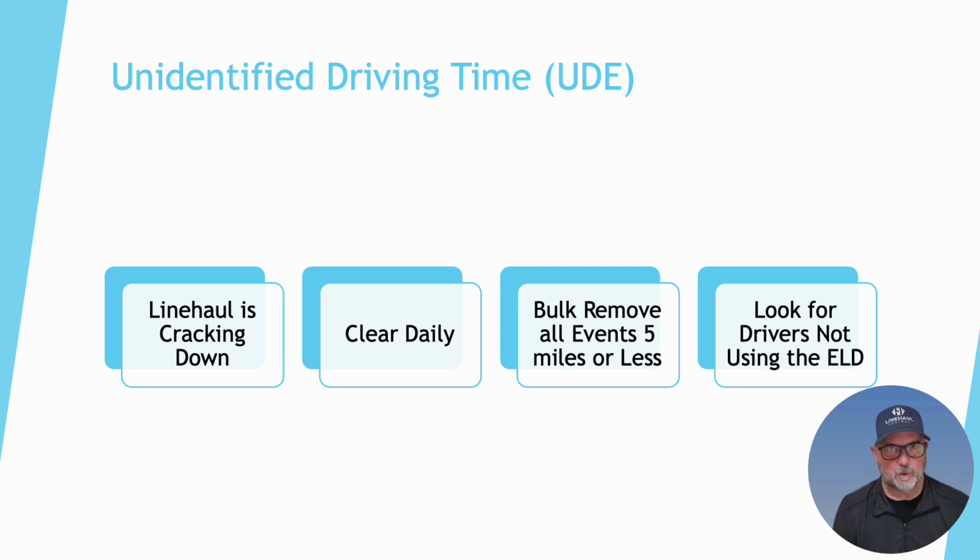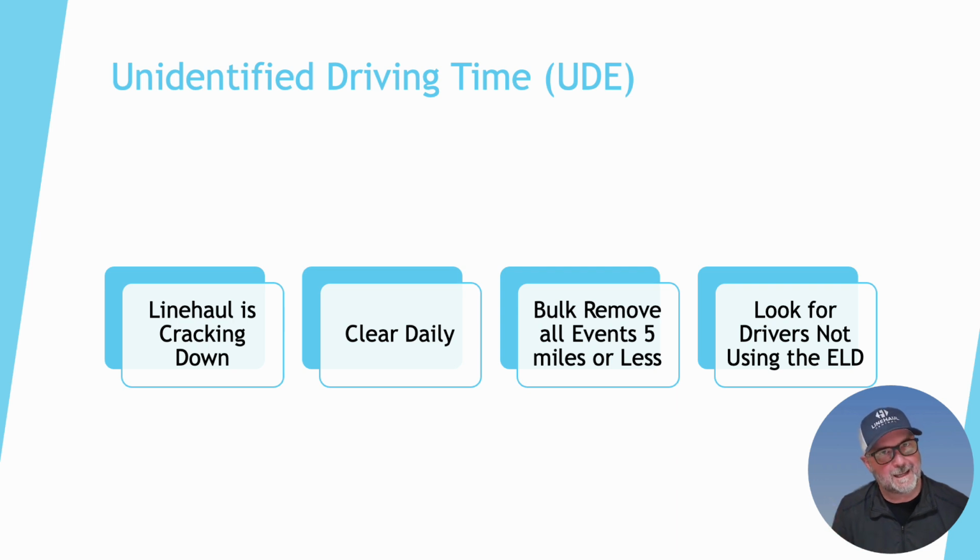It is normal for an ELD to throw unidentified driving events. What's going on in our operations is we build terminals on inexpensive land. This inexpensive land doesn't necessarily have cell towers near it. Remember, the ELD is a cellular device.